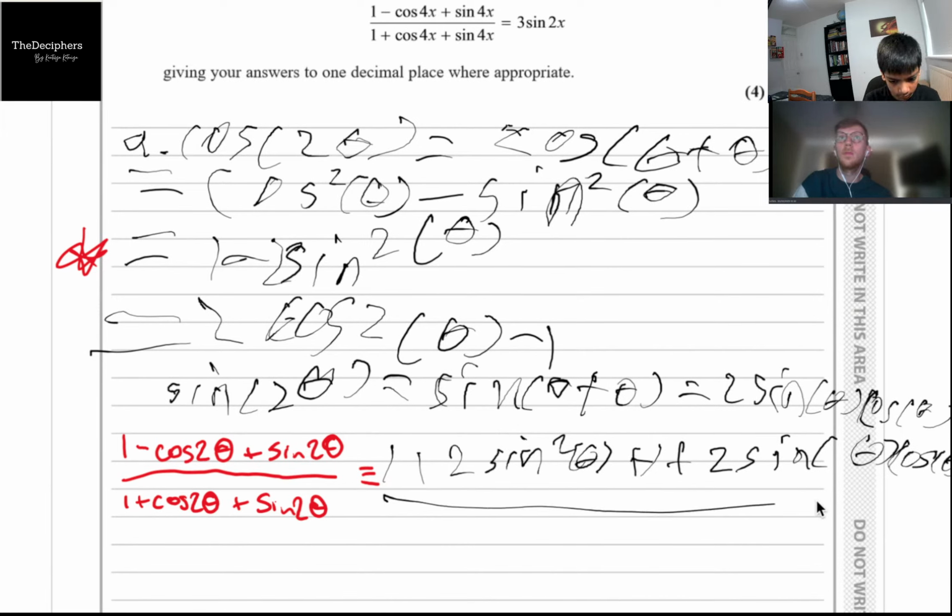So it's divided by 1 plus, and then we want cos on the bottom.